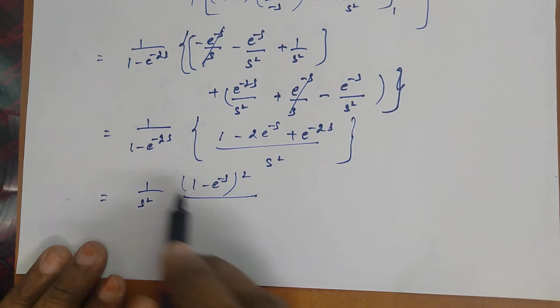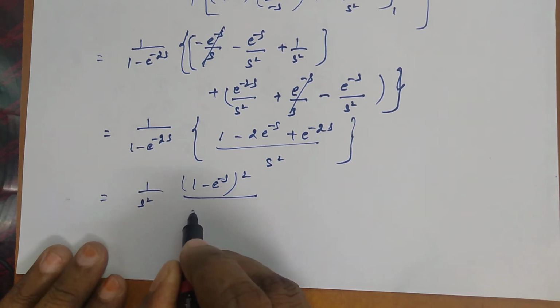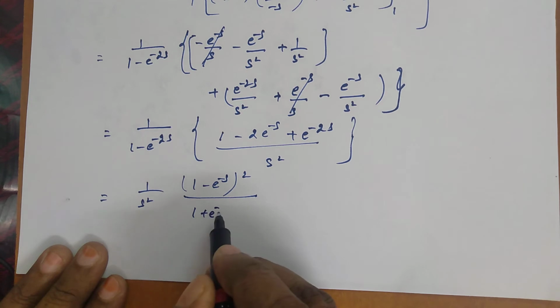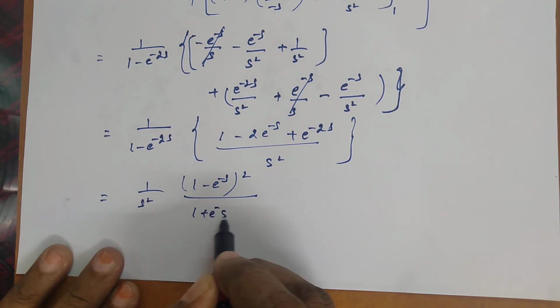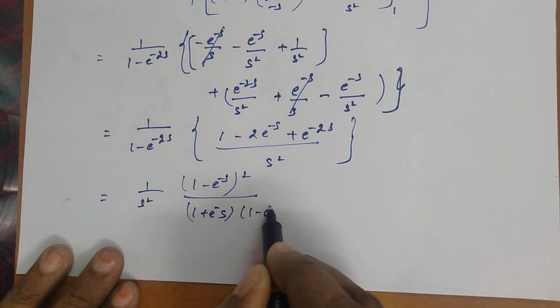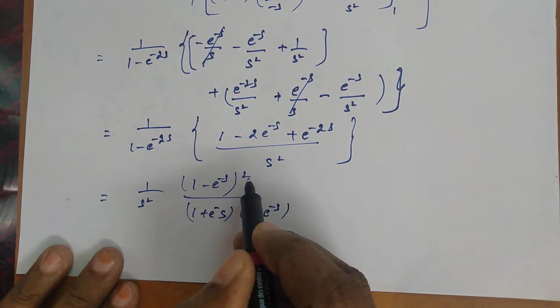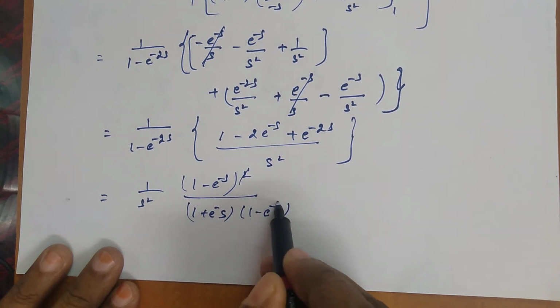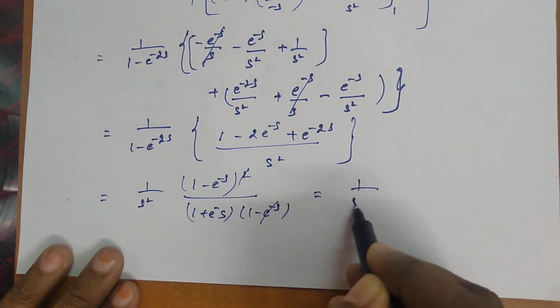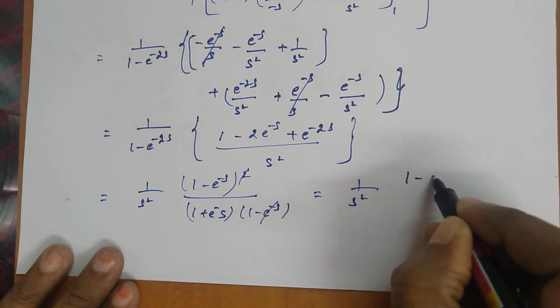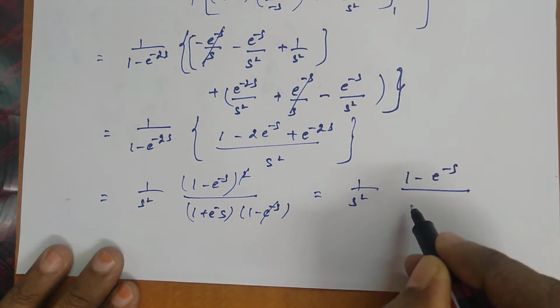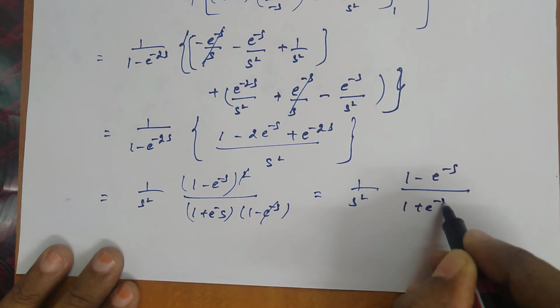So this can be written as a plus b into a minus b. So 1 plus e power minus s into 1 minus e power minus s, and you can cancel one term, which is equal to 1 by s square into 1 minus e power minus s divided by 1 plus e power minus s.